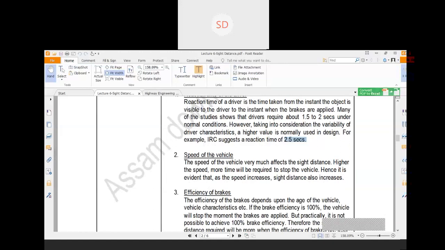The speed of the vehicle very much affects the sight distance. The higher the speed, the more time will be required to stop the vehicle. Hence, it is evident that as the speed increases, sight distance also increases. So for your sight distance, the next important factor is the speed of the vehicle, as the stopping sight distance will depend on the speed of the vehicles too.